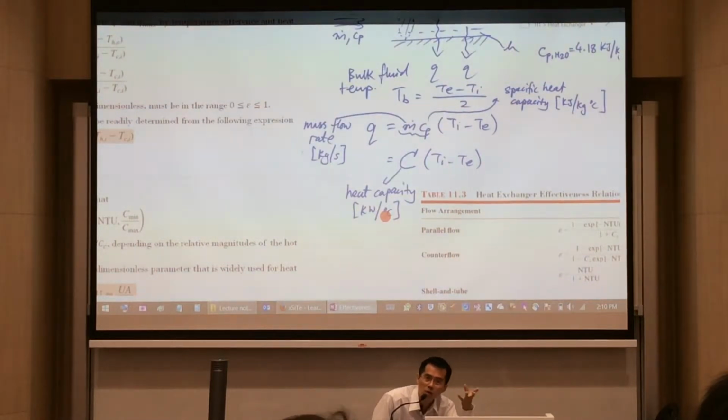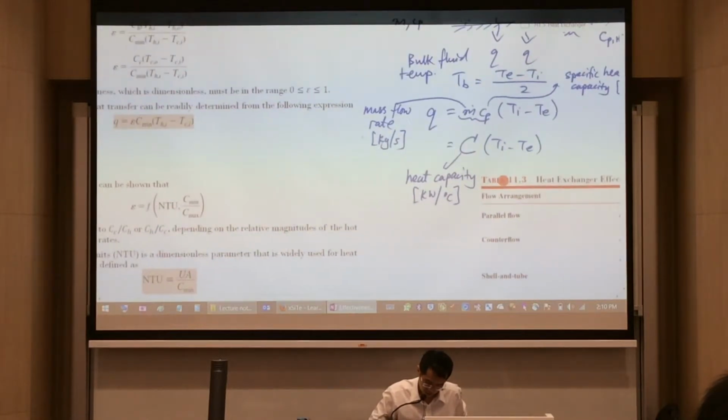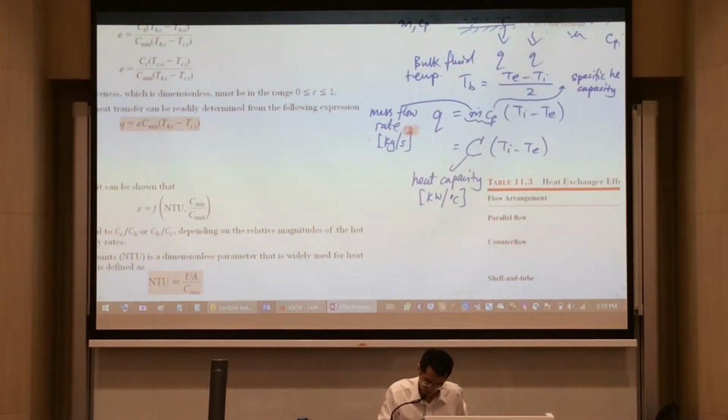Power, in this case, maybe electrical power, in order to increase that material by 1 degree Celsius, you need to supply that much power. And power has a unit of watts, or in this case, I'm putting it as kilowatts. So that's the meaning of the heat capacity, mass flow rate, and specific heat. I would need you to recall this as we move along in the following slides.